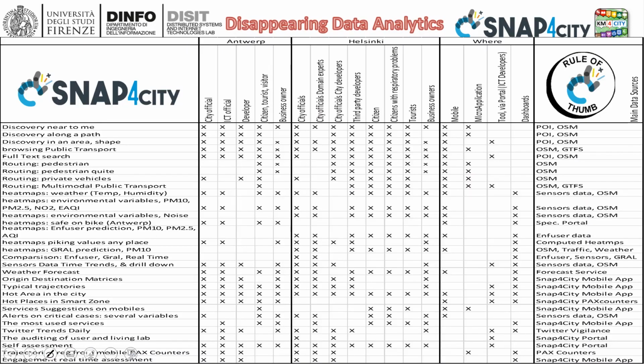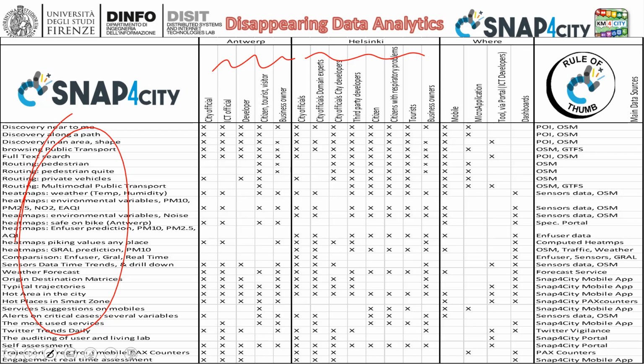This is a map and a table describing how the data analytics are displayed for the users. They have been delivered for different kinds of users in Helsinki and Antwerp, for city officials, for ICT officials, for developers, for business owners, and so on.